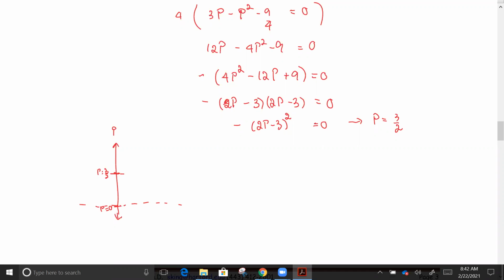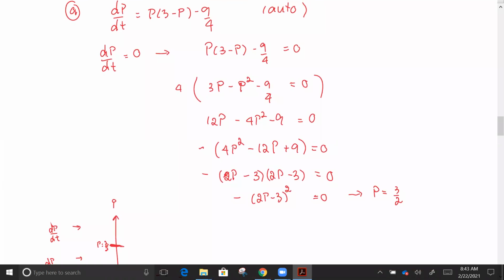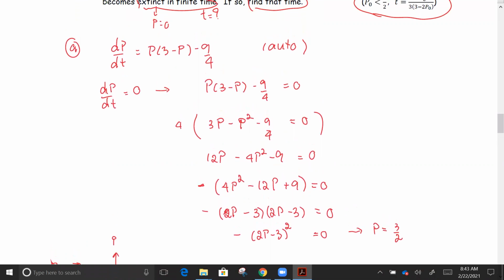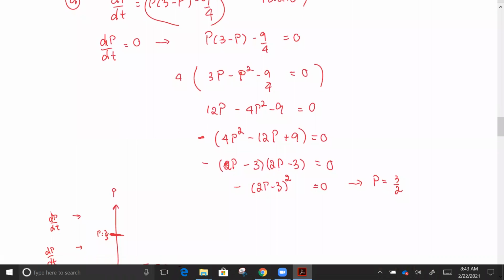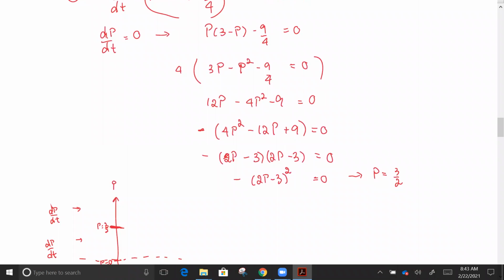So for the critical number P equals 3/2, we're going to check whether dP/dt, the rate of change for each interval, has a positive or negative sign. The reason I keep everything on one side and take the negative sign out is that I want to maintain the same form as the original expression on the right-hand side of dP/dt.